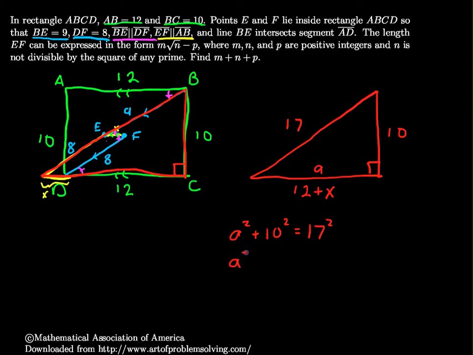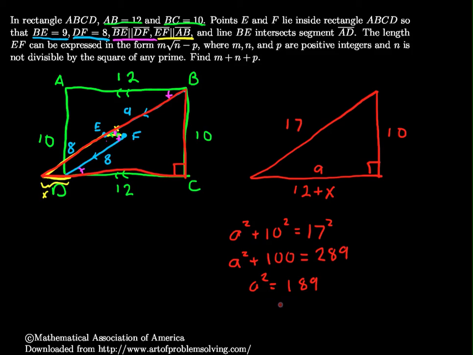So a squared plus 100 is equal to 17 squared. That's going to be 170 plus 7 times 17 is 119, so 289. And then subtract 100 from both sides, so I get a squared equals 189.